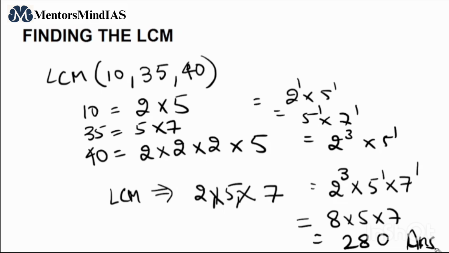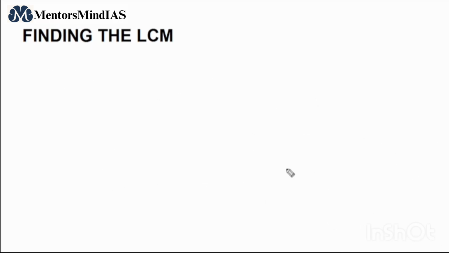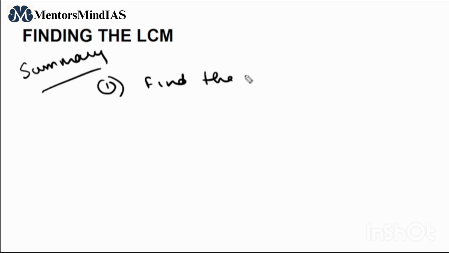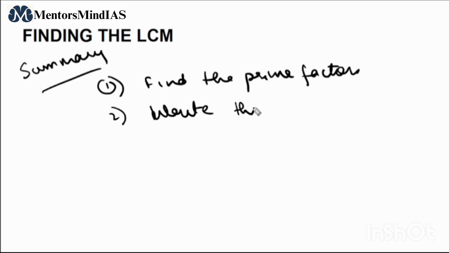So this was the way of finding the LCM of 2 or 3 numbers by the prime factorization method. In summary, you can write it as: find the prime factors, write the prime factors with the highest power.